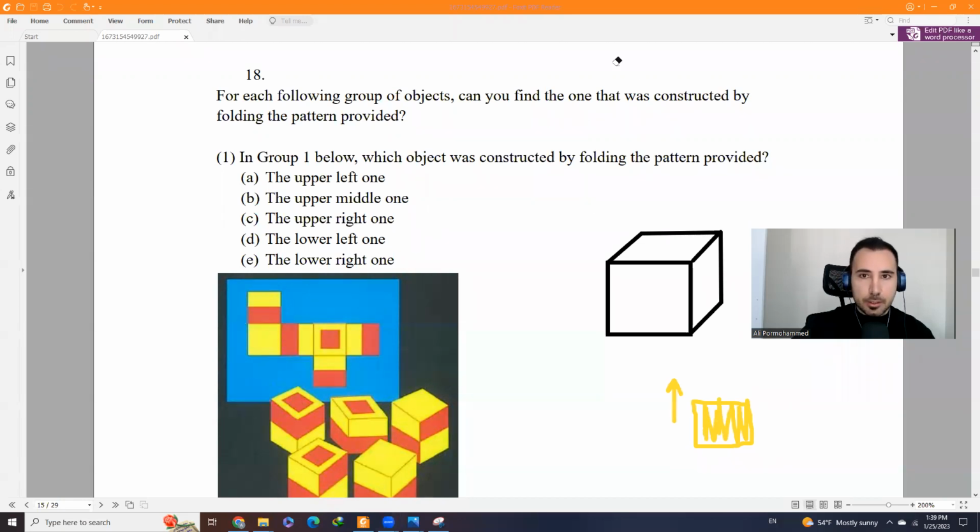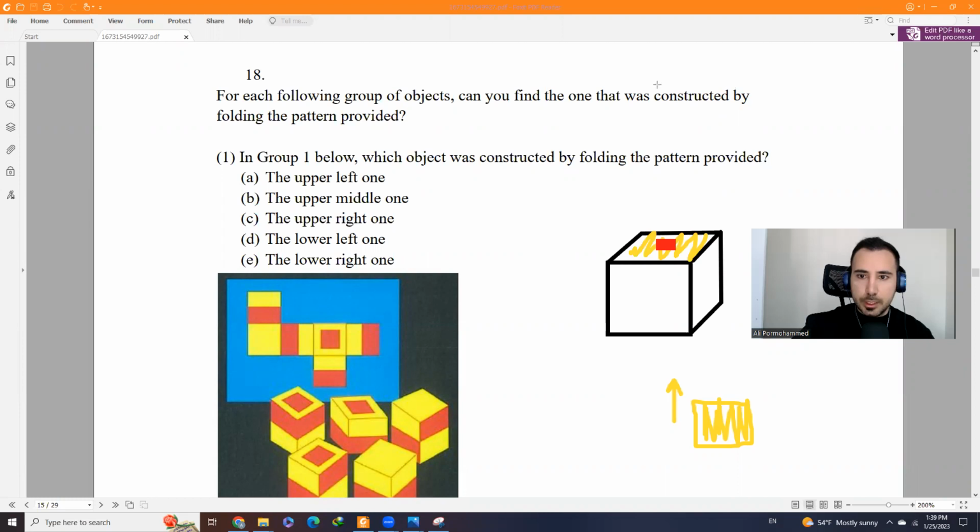Then this one will be the one on top. So this one would be yellow. This one would be yellow with this red in it. Okay, it would be this one. So in this case, this was on top.